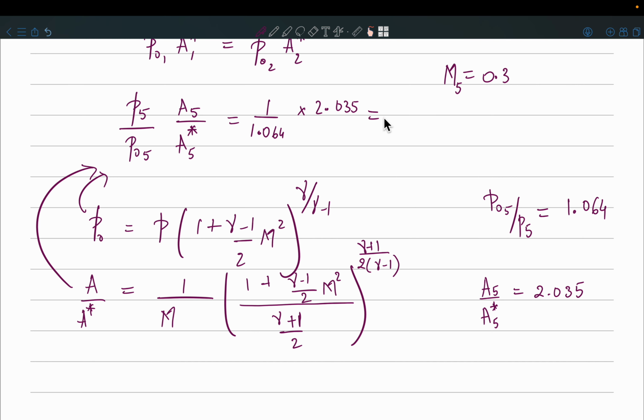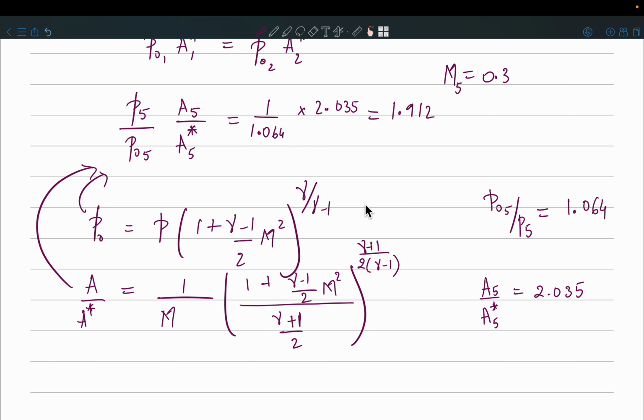So what do you get? No, see what you have to do. I think you have multiplied both the values. It's P naught by P, we need P by P naught. You have to divide them. Yes, perfect.